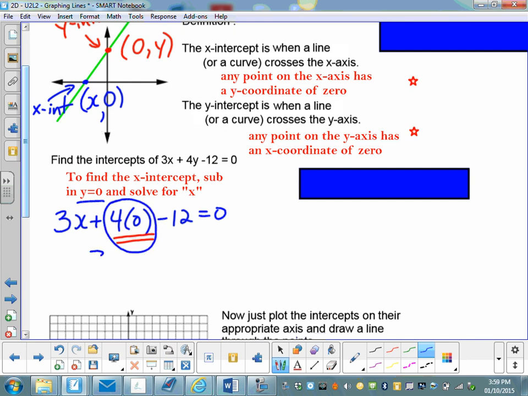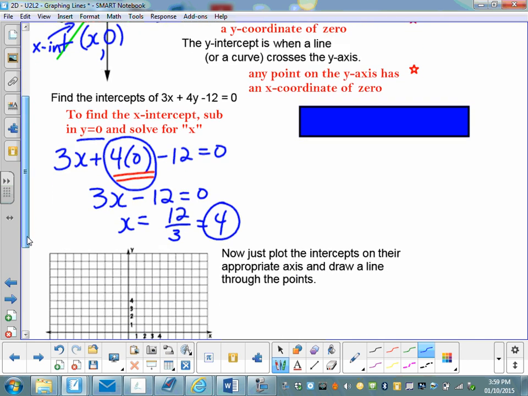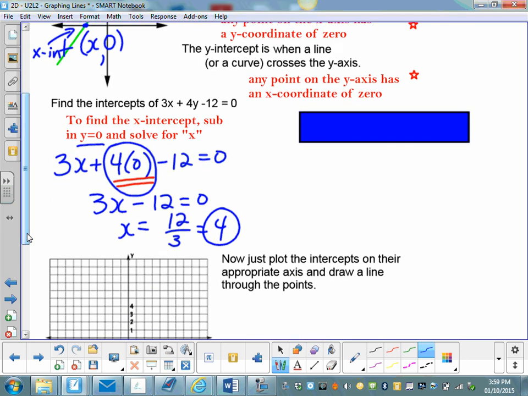So really what we're doing is solving the equation 3x minus 12 equals 0. So we bring the 12 to the other side, we divide by 3, and we get x equals 4. So that means the x-intercept is going to be 4 and 0.